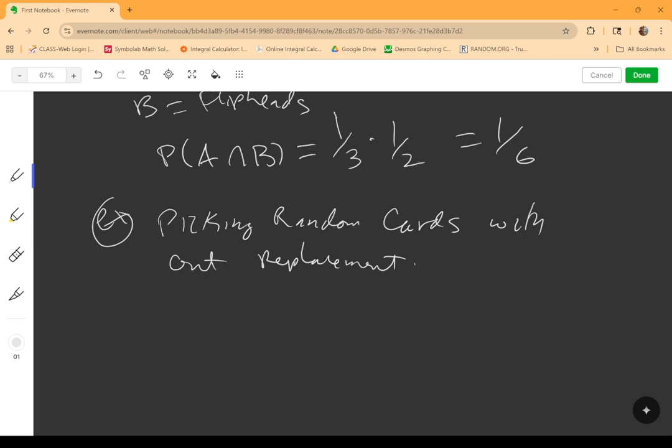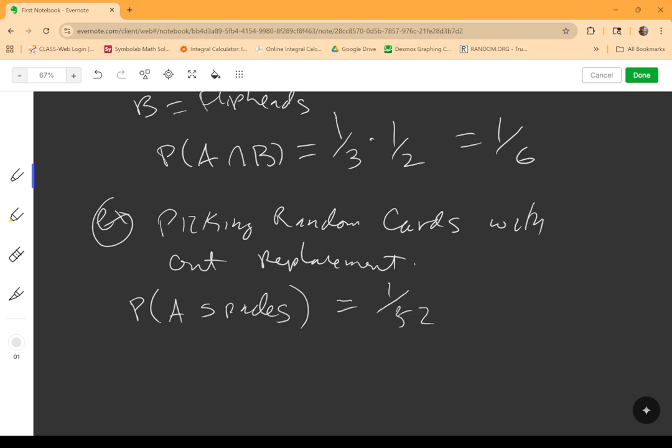If you pick any card, let's say the probability that you pick the ace of spades, the probability of that happening would be just 1 out of 52, right?